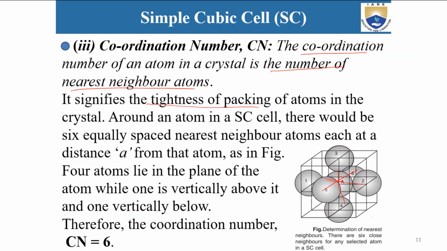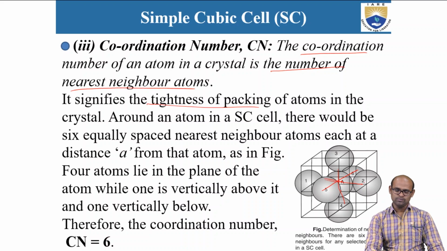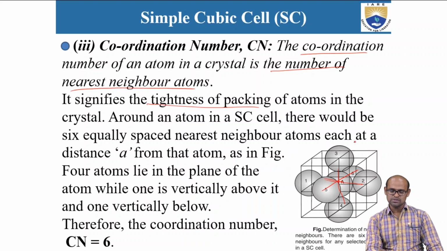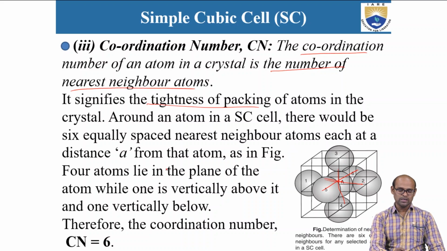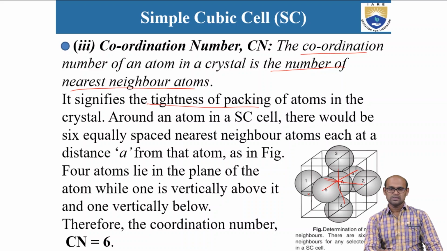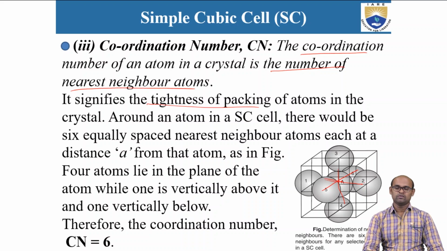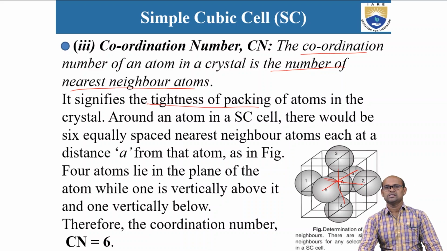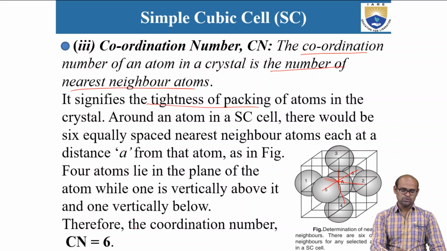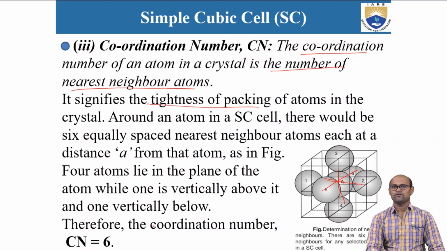So basically if you take any atom, you will find there are 6 neighboring atoms, and the distance between them is a. 4 atoms lie in the plane of the atom, while one is vertically above it and one is vertically below it. Therefore the coordination number for this simple cubic unit cell is 6. The coordination number is nothing but the number of nearest neighbors.